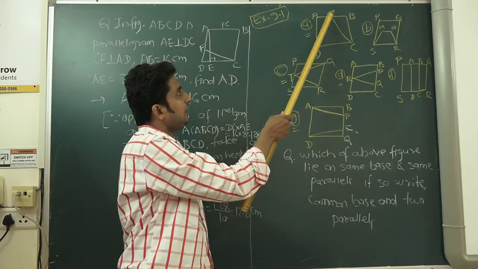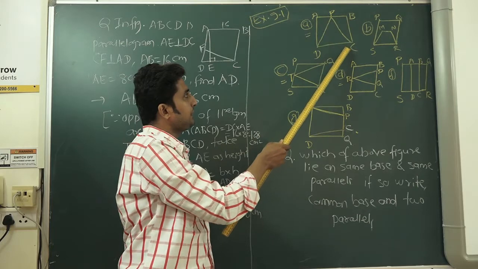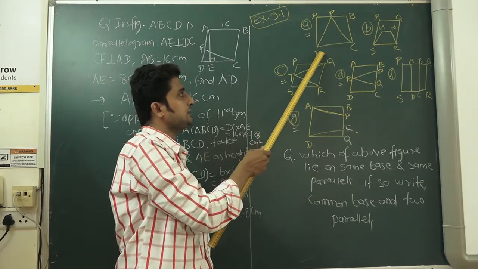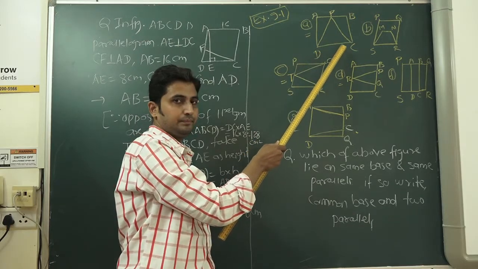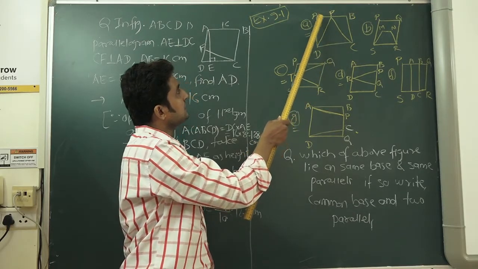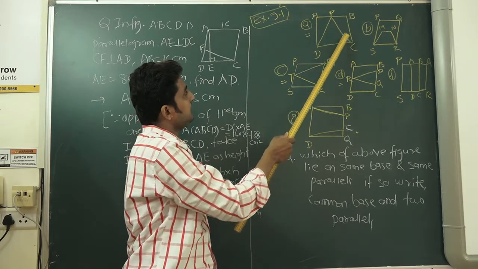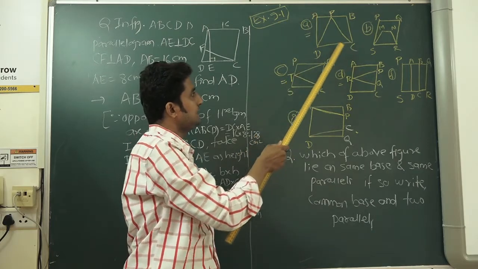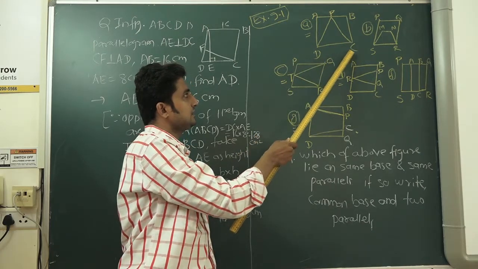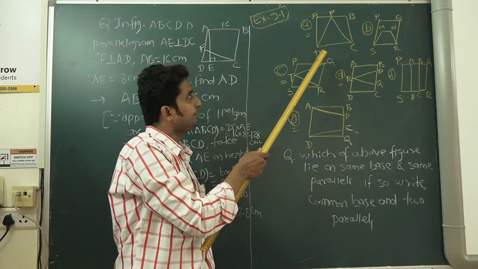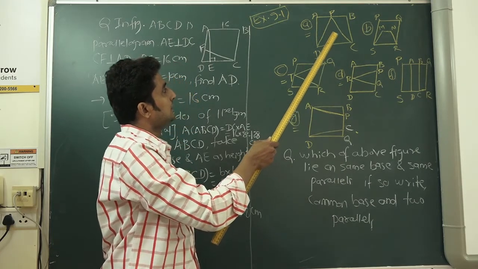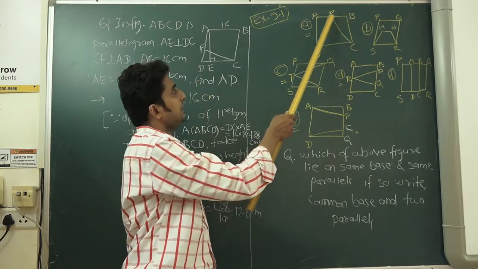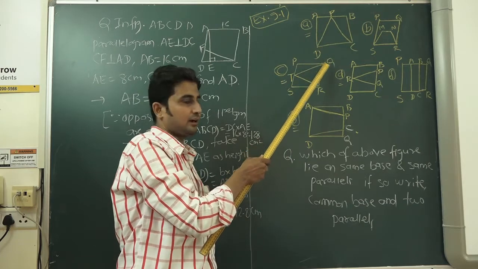You will find that triangle PDC has the base DC, and this quadrilateral ABCD also has the base CD, and sides AB and CD are parallel.